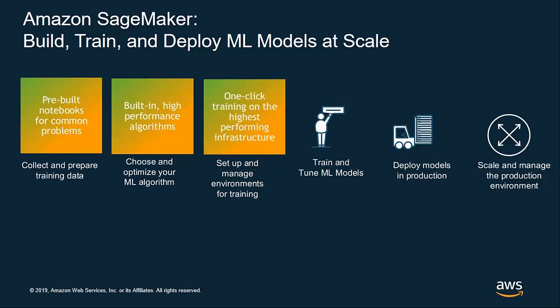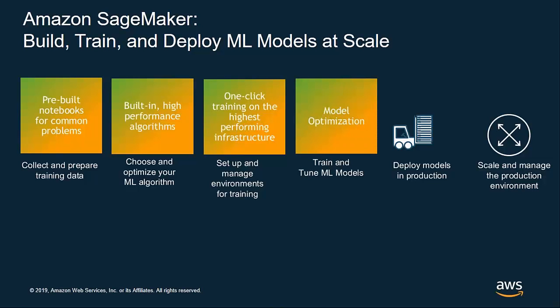Once you've built your machine learning model or decided which one to use, we enable one-click training on Amazon SageMaker, and it's a fully managed environment where we take care of setting up your training clusters as well as tearing them down when your training is complete. So you can run distributed training at scale in a very cost-effective way.